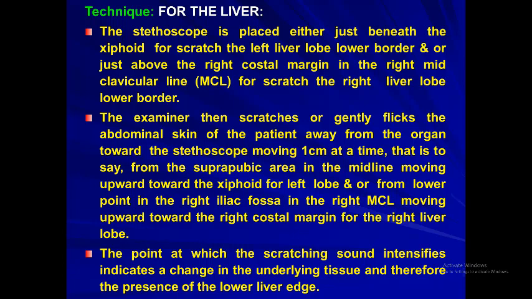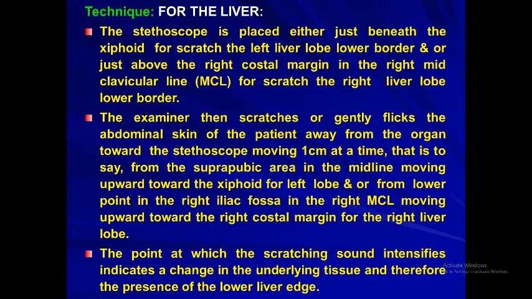If we want to determine the lower border of the right lobe of the liver, the stethoscope is put just above the right costal margin in the right midclavicular line.